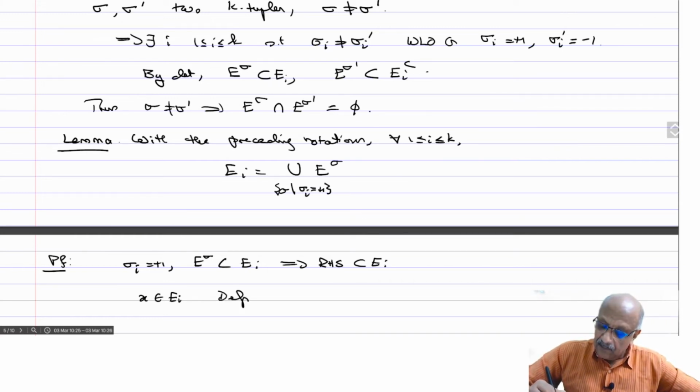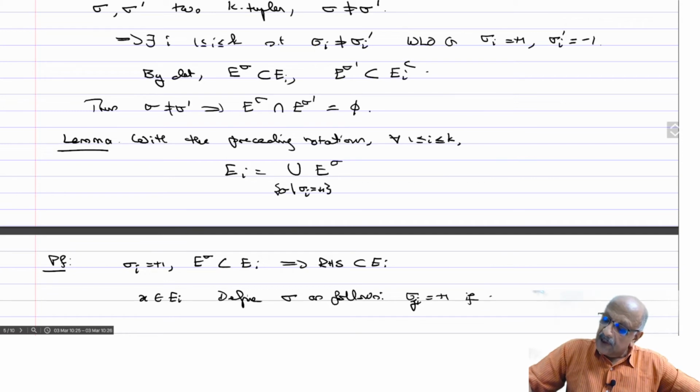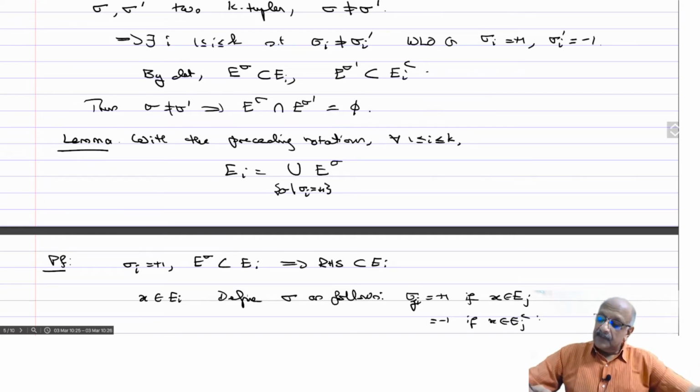Define sigma as follows: sigma j equals plus 1 if x belongs to Ej, and equals minus 1 if x belongs to Ej complement.